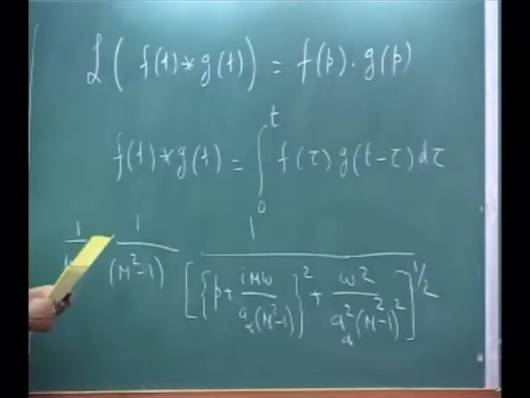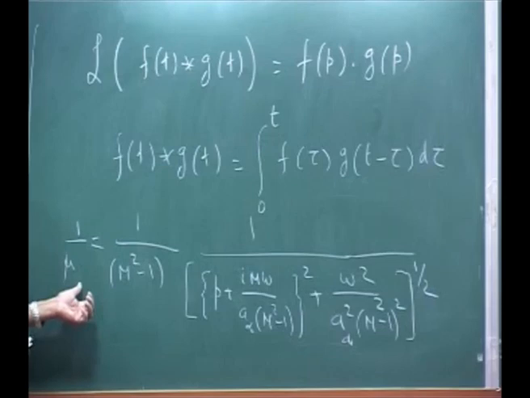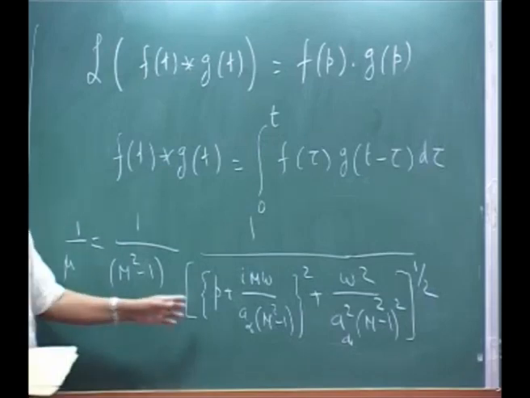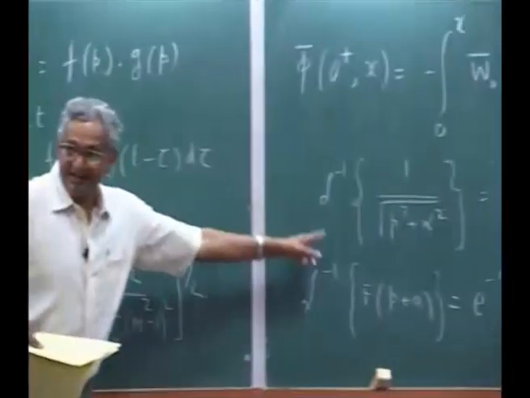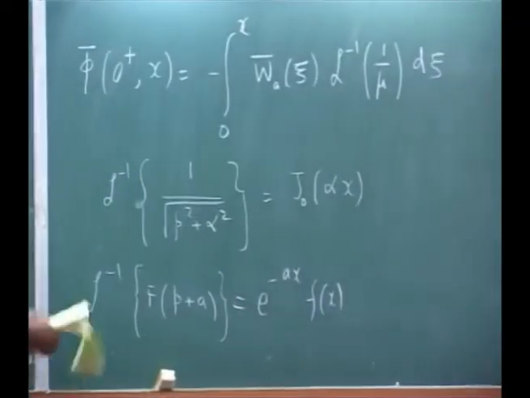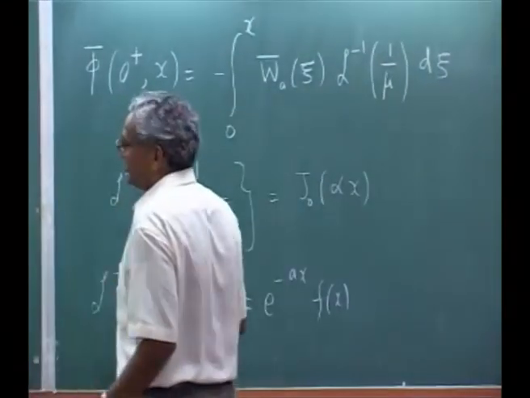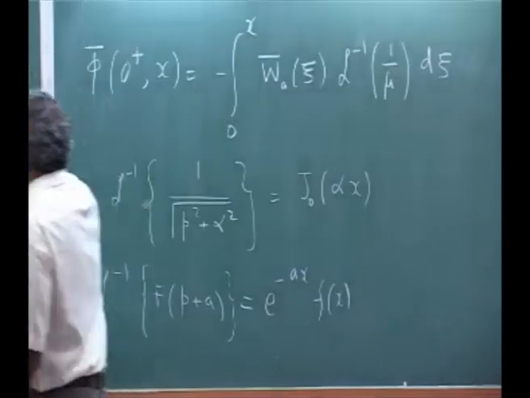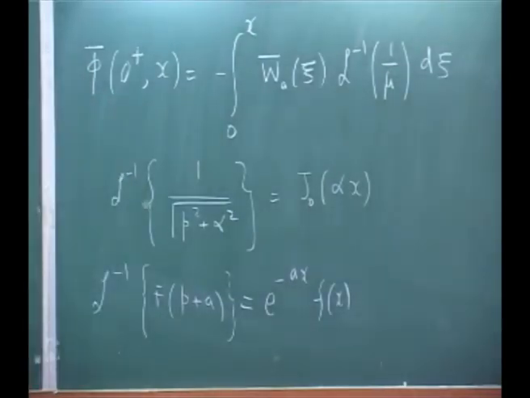So this is my mu. Okay. And we have the Laplace inverse for this. So I will write my final solution. Maybe I erase here, because this is going to be a long expression.